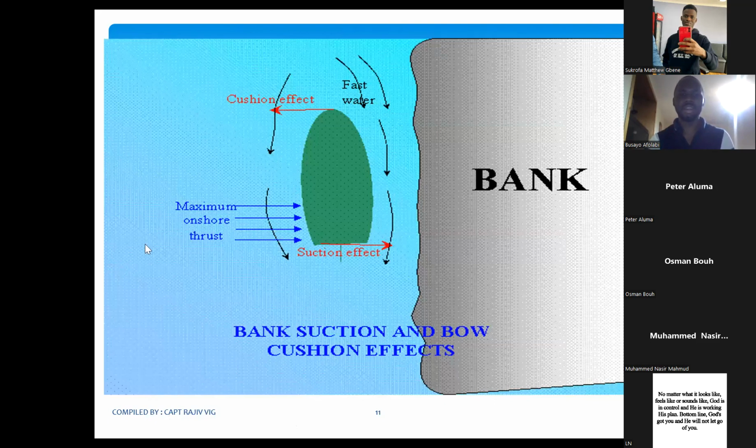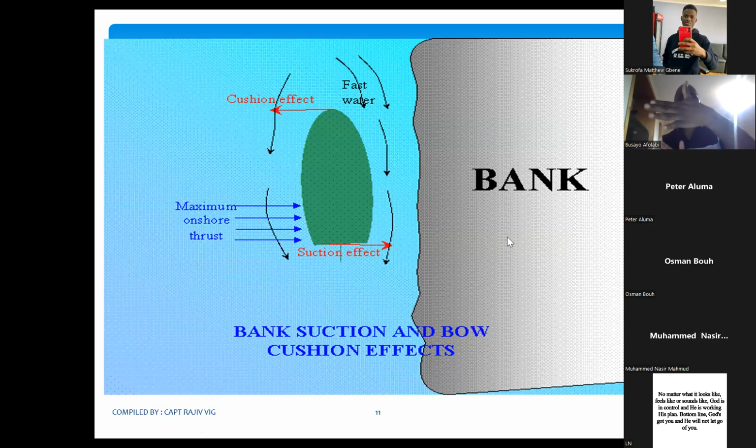This diagram here is what I'm trying to talk about, if we can see it there. The suction, I put it as something that draws you. It draws the stern of the vessel towards the bank, and then it pushes the bow away from the bank too.